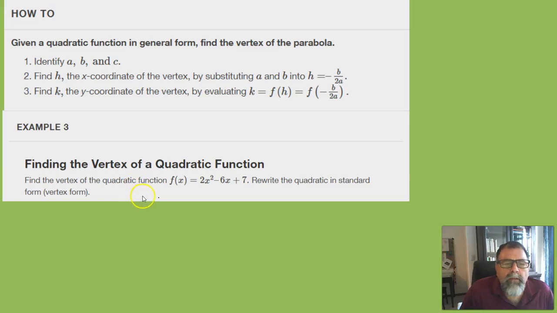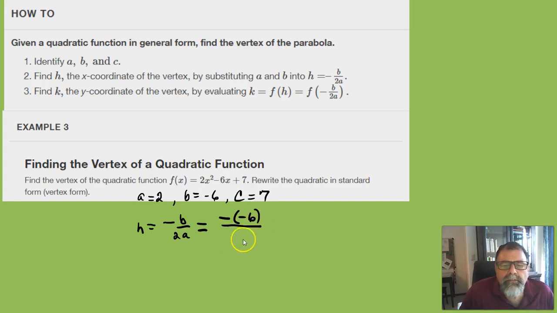We're going to say a is 2, b is -6, c is 7, and then I'm going to find h, the x-coordinate of my vertex. It's going to be the opposite of b over 2a, which is the opposite of -6, or just 6, over 2 times a. So we get 6 over 4, which is 3/2.